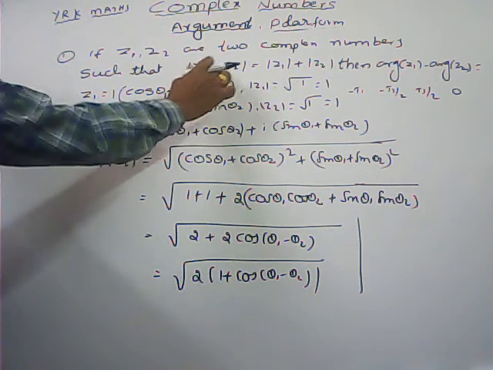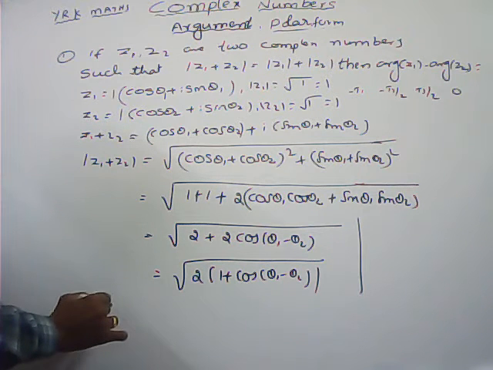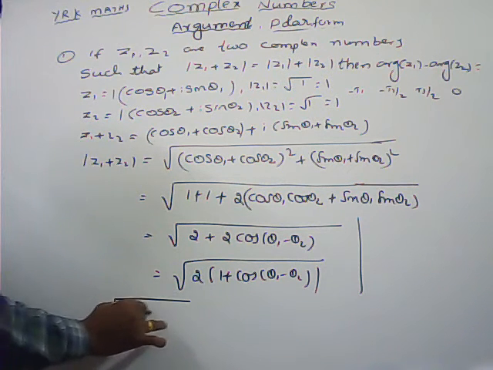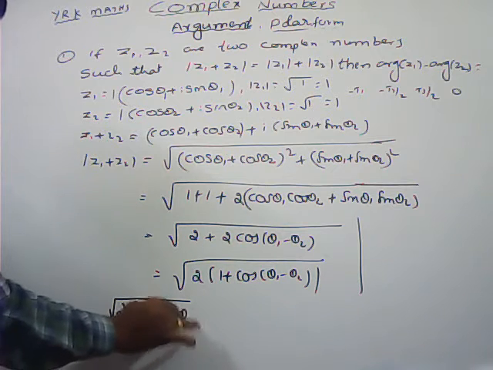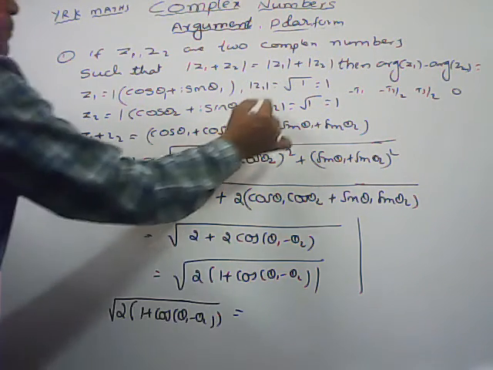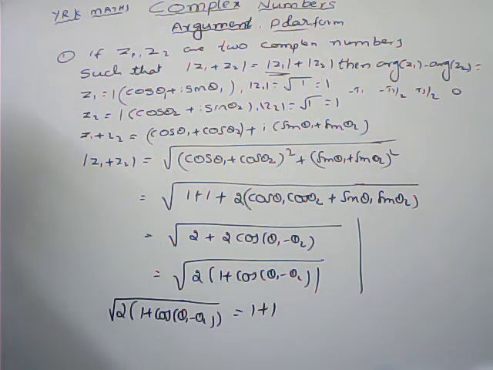Now, what is the given condition? Modulus of Z1 plus Z2, which I got as the square root of 2 into 1 plus cos of theta 1 minus theta 2, is equal to modulus of Z1 plus modulus of Z2, that is 1 plus 1, 2. Now, how to remove the square root?